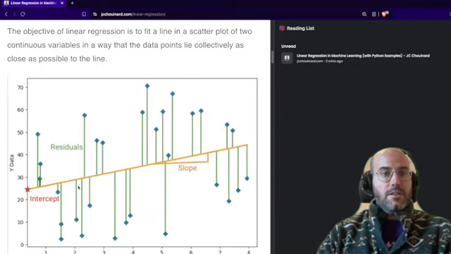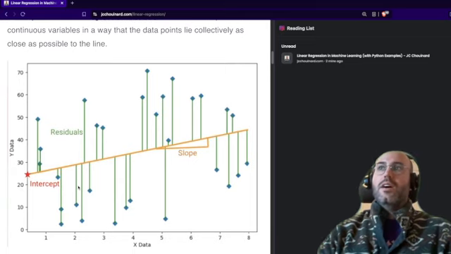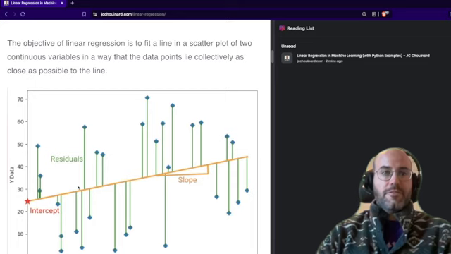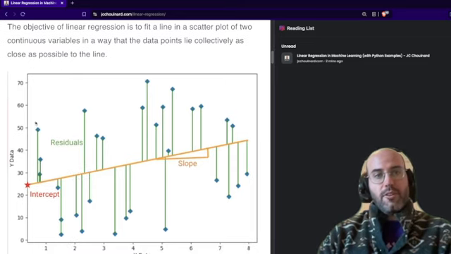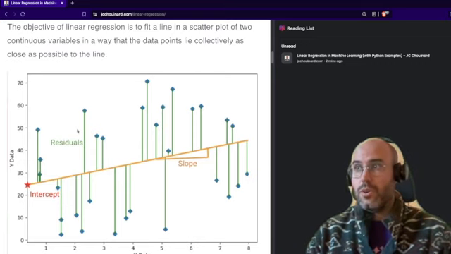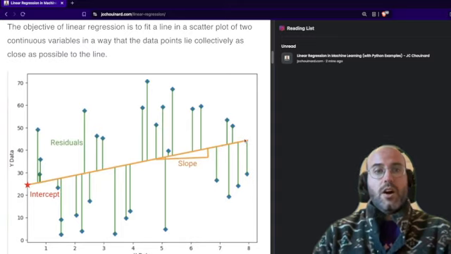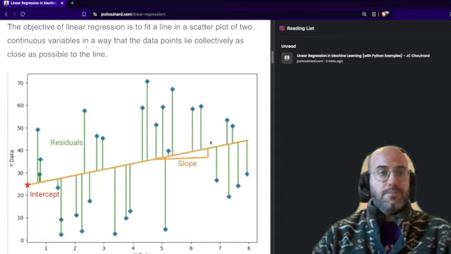So to better understand this, I have this chart that brings you some of those concepts that you need to understand. Essentially, we have all these data points in blue, and what we want to do is predict a new data point that we don't know about by fitting a line on the data.